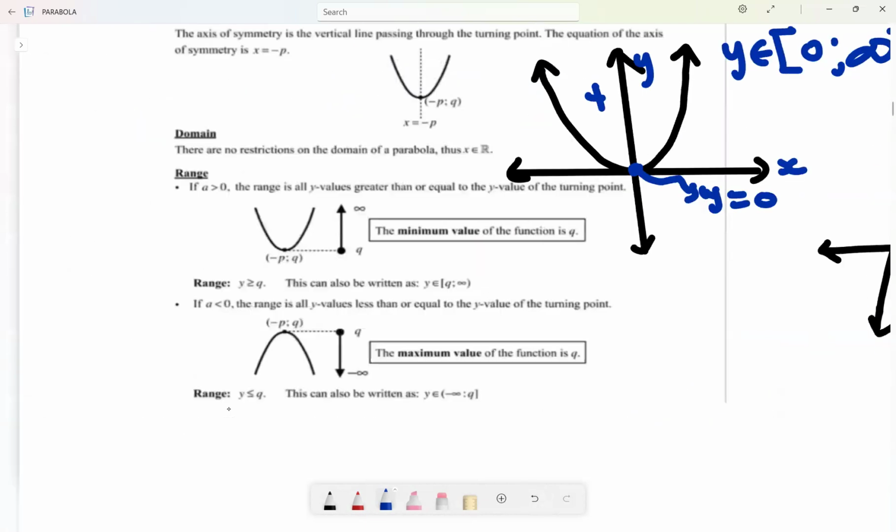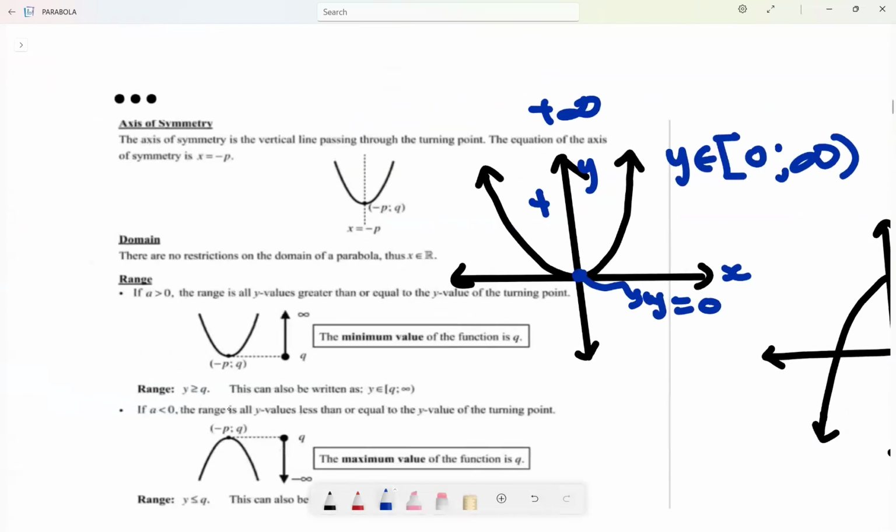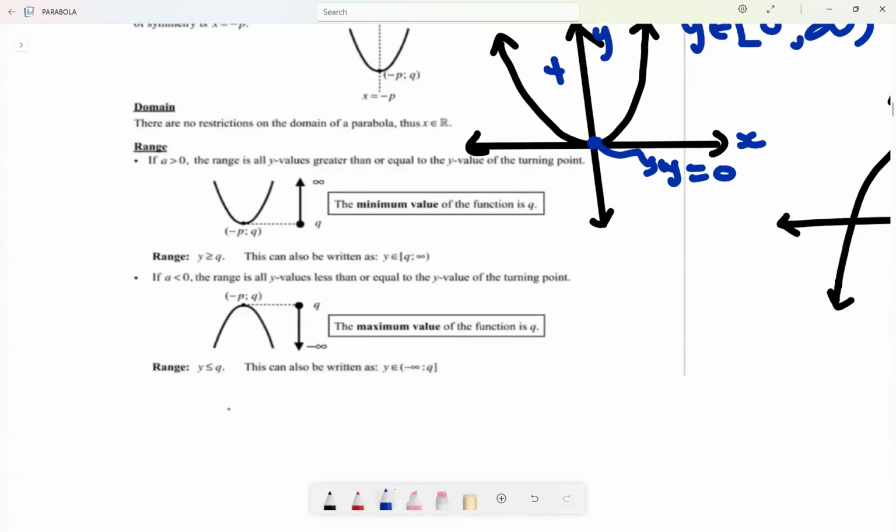Okay, yes. Now let's look at the basic theory that they are explaining to us. They say if a is greater than 0, the range is all y values greater than or equal to the minimum.